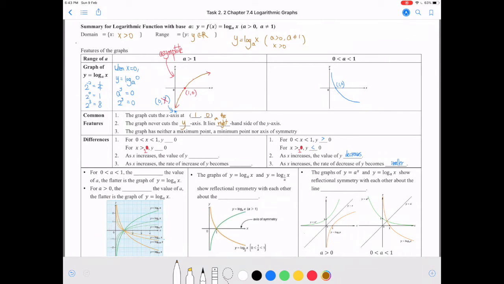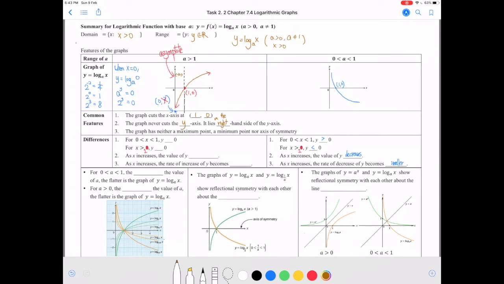Let me first write an interval with a vertical dotted line. If x is in between 0 and 1, x is here.